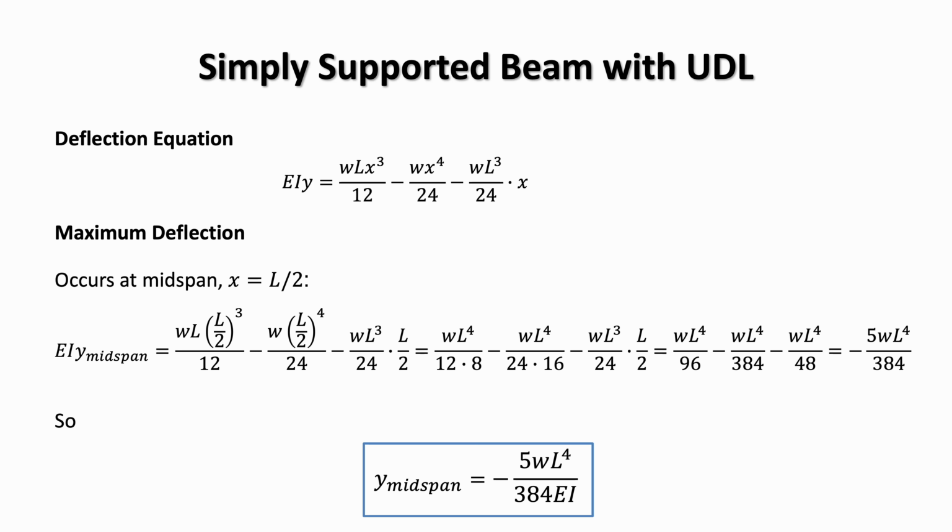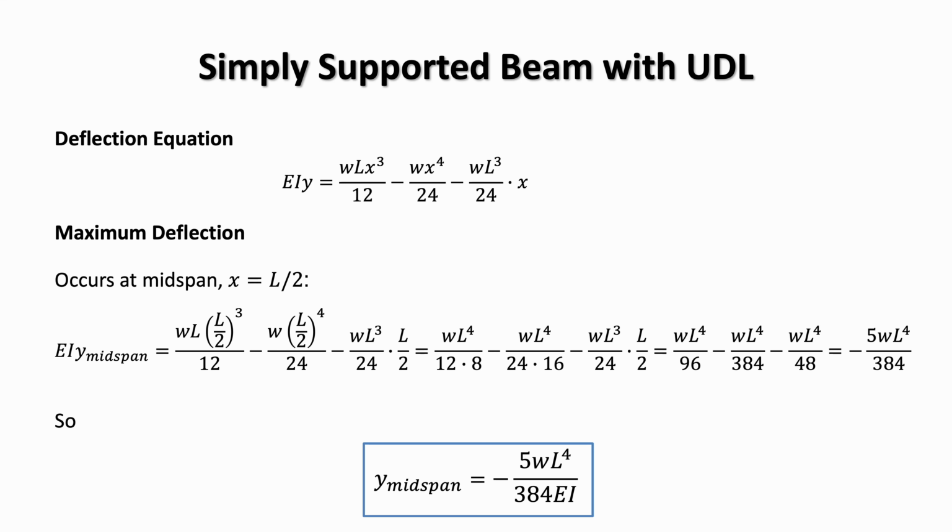mid-span deflection is minus 5WL to the power of 4 over 384 EI, and the negative sign indicates that the deflection is downward, consistent with the direction of the applied load. Importantly, this result is written in parametric form, and this means that for any simply supported beam carrying a uniformly distributed load, the deflection can be evaluated directly once we know the material properties and geometry.